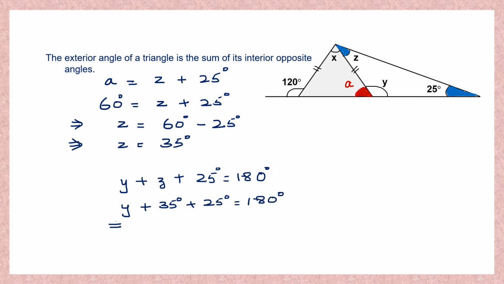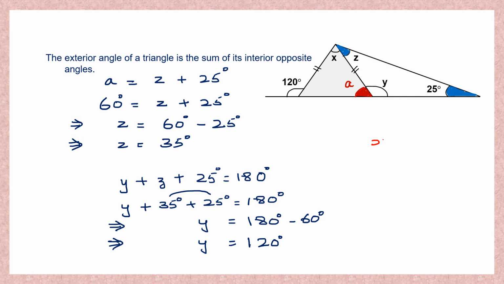So to find the value of y, we say 180 degrees minus the sum of 35 and 25, that is 60 degrees. So angle y is equal to 180 degrees minus 60 degrees, which is 120 degrees. So now we have found the value of all three unknown angles.